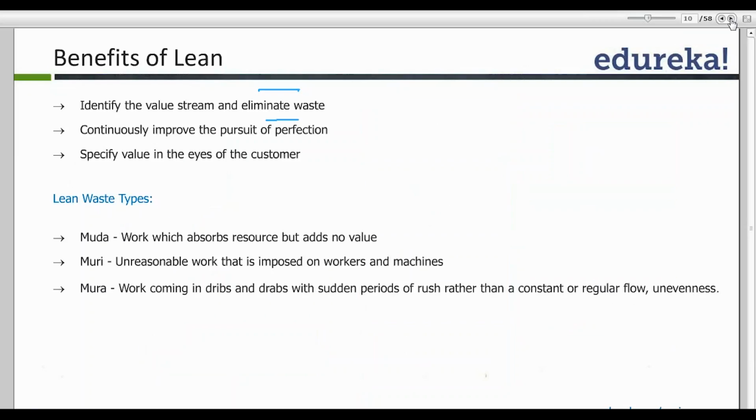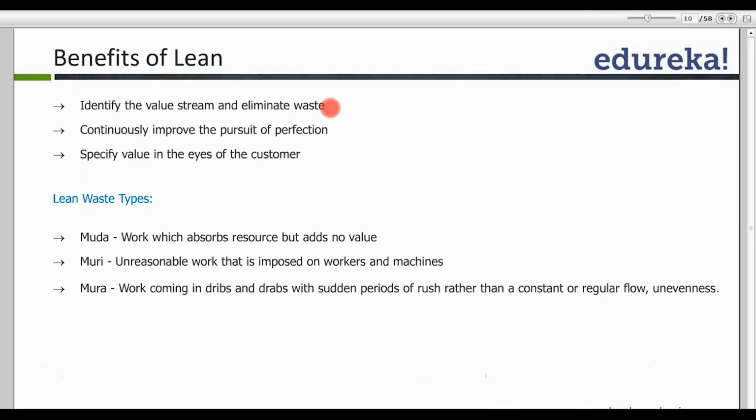So what are the benefits of lean? The key benefits of lean are that it helps you to identify and eliminate waste. First of all, it helps you identify the entire value stream map, and we'll be covering the value stream map as we move ahead. Then it allows you to identify waste and eliminate waste.